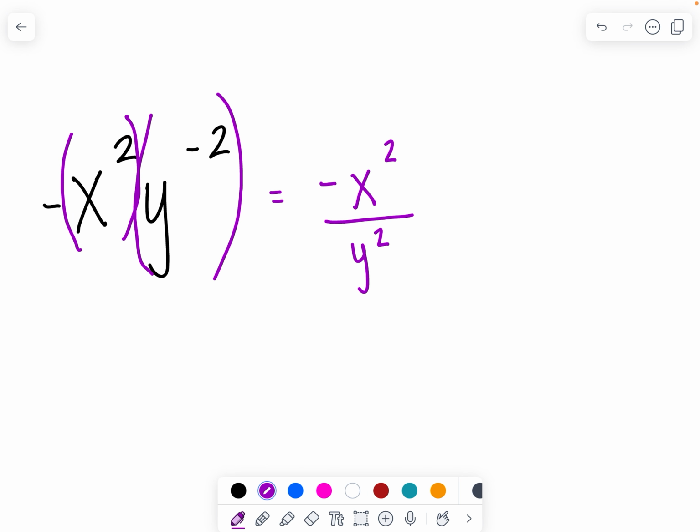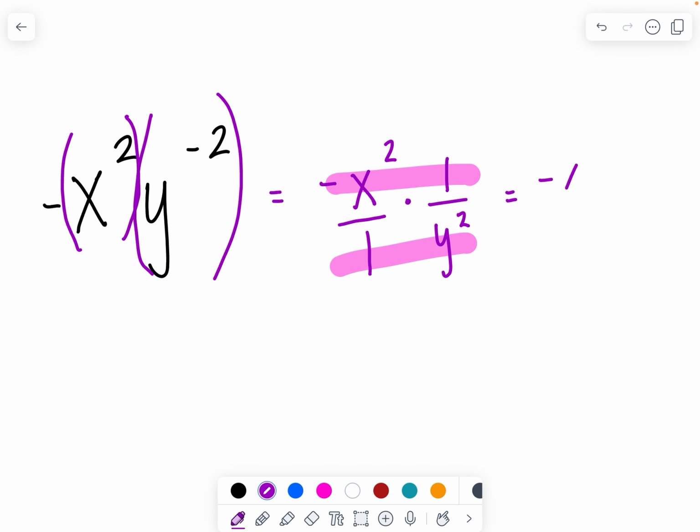It's going to go underneath there eventually anyways. If you're not feeling comfortable with that yet though, you can do this. 1 over y squared. And then put a 1 over here as well and multiply across the top and across the bottom. So negative x squared times 1 is negative x squared.